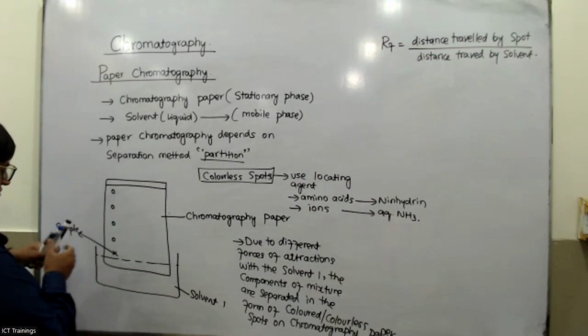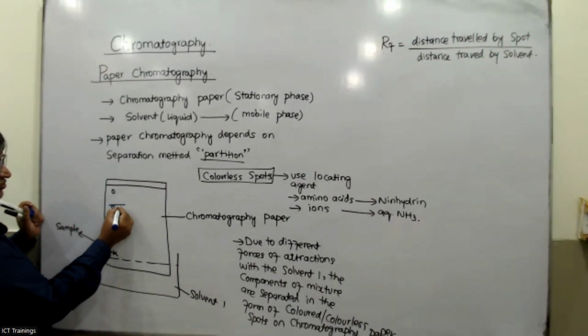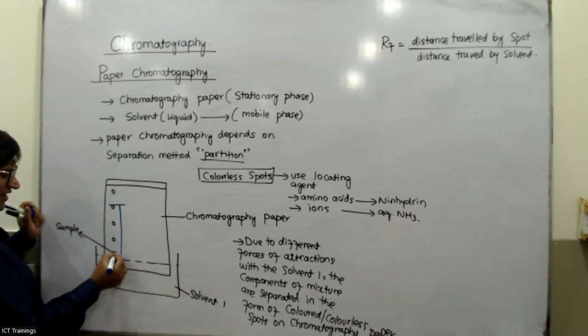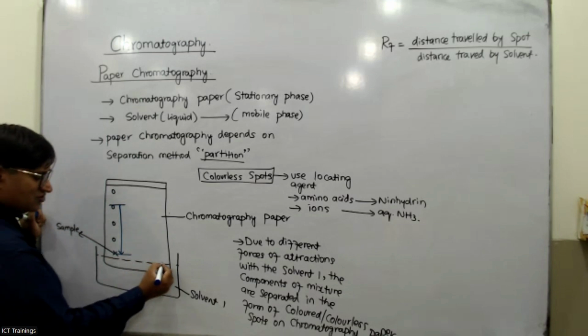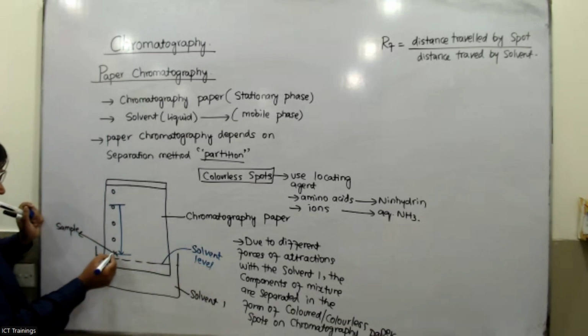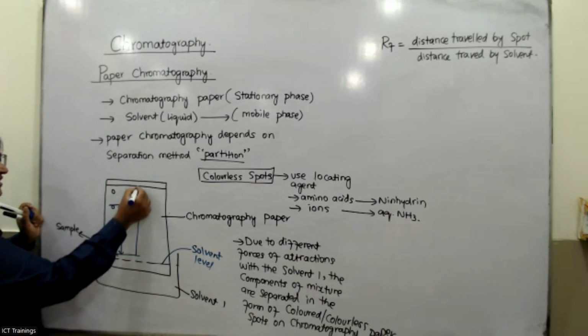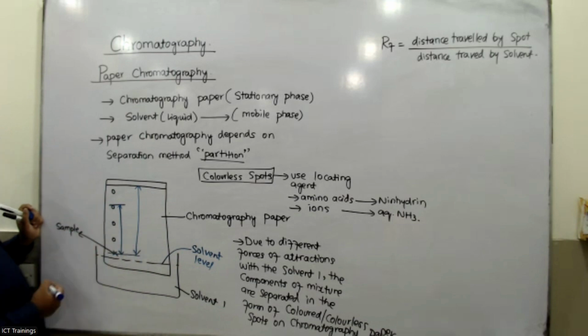From the top of this spot, you should measure the distance from the place where you applied the sample. Not this, this is the solvent level. So don't measure it from the solvent level. You measure it from the place of sample you applied, this place. So you measure this distance and then you measure the distance of the solvent level.